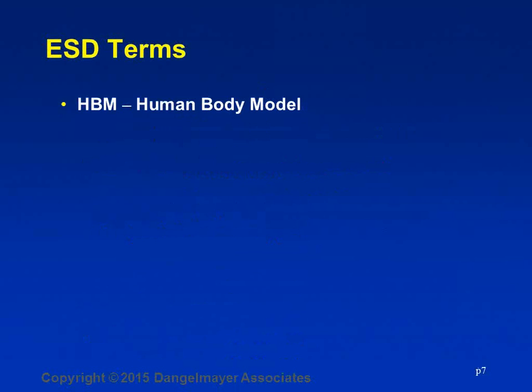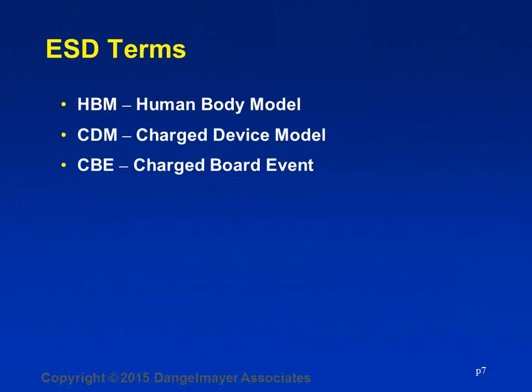There are a few terms that I'd like to show you so that you'll be familiar with them when we present them later on. I expect most of them are familiar to you. Charge board event may not be, this is a close cousin to the charge device model, as is CDE, or the cable discharge event.